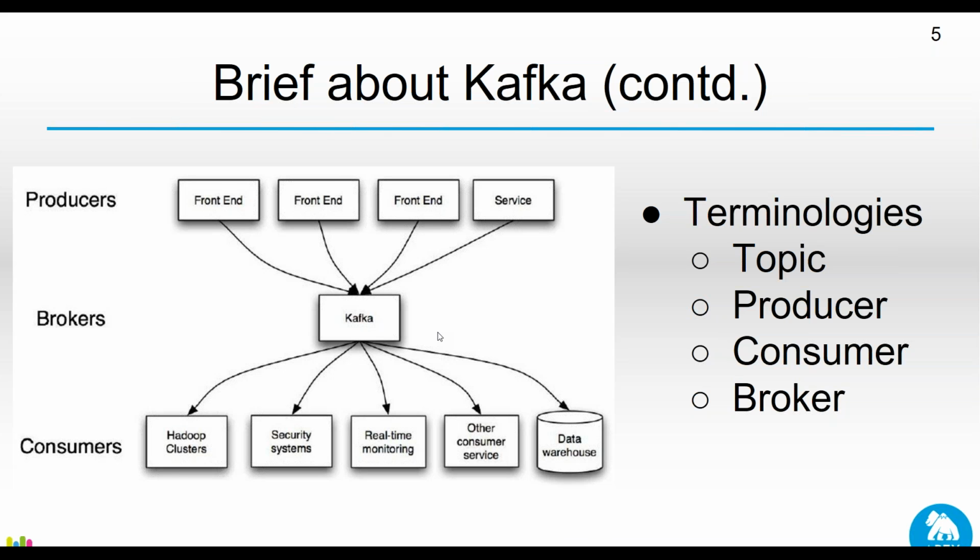Each record is basically handled by a key, where all these keys are categorized into a message identified as a topic. So there could be multiple such topics for which producers could be writing data.